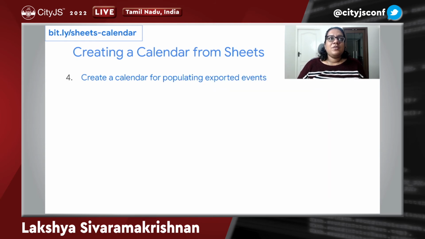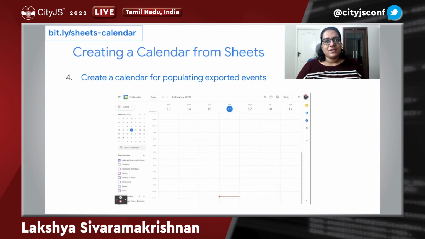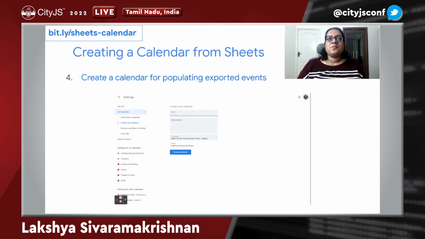Now let me tell you how you get that calendar ID. So here we try to create a calendar. If you go to Other calendars, you will see Create new calendar. Click there, give an appropriate name to the calendar. Here we're giving Exam Timetable, and then click on Create calendar.